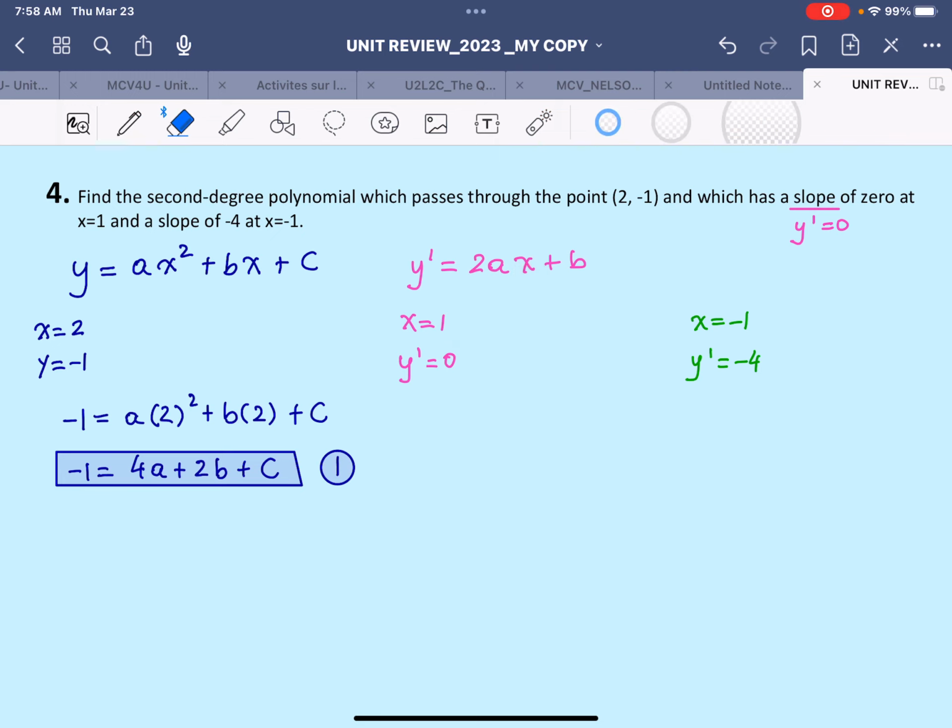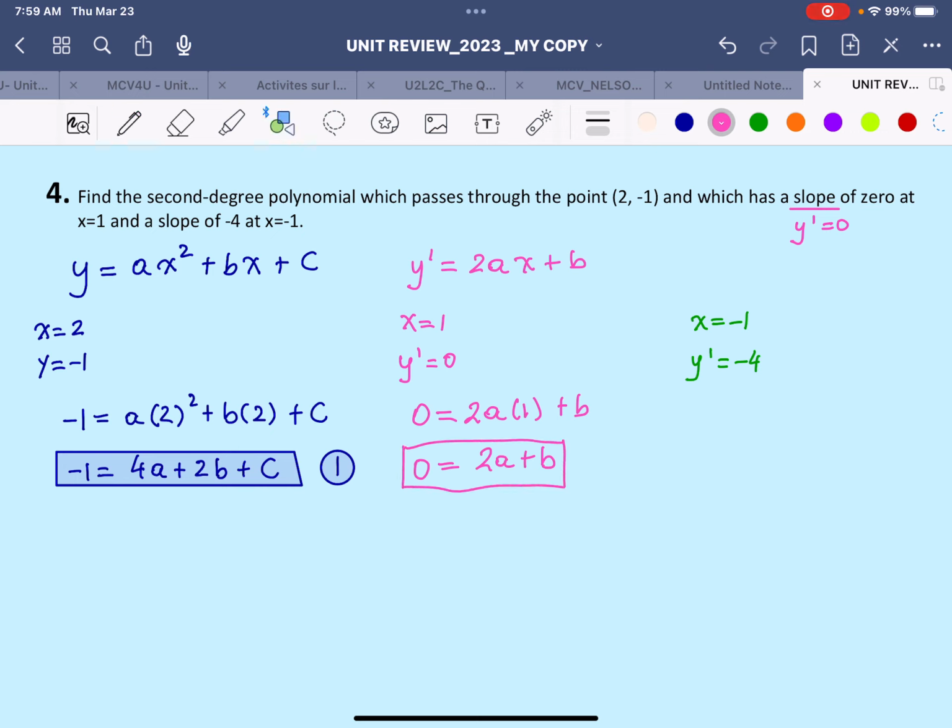So wherever we see y prime, we'll write the value of it, which is 0. Wherever we see x, I'm going to write the value of it, which is 1. And that will give us 2a plus b equal to 0. And that would be our second equation, which we are going to call equation number 2.